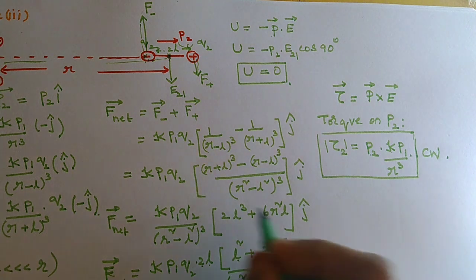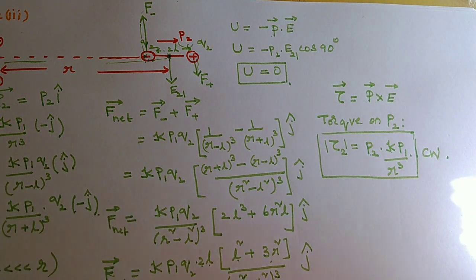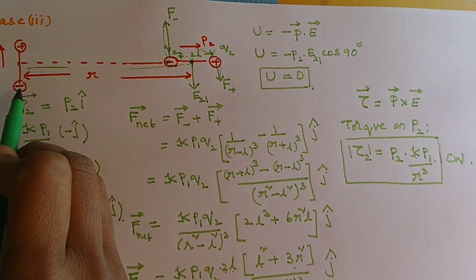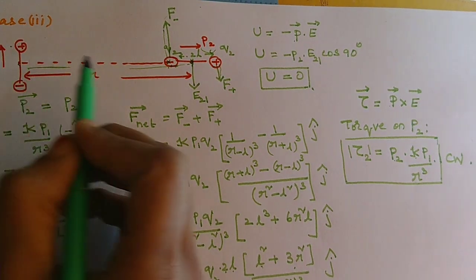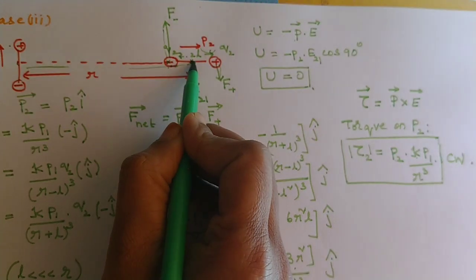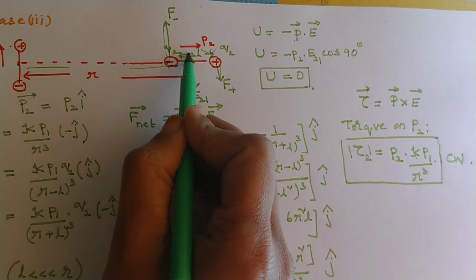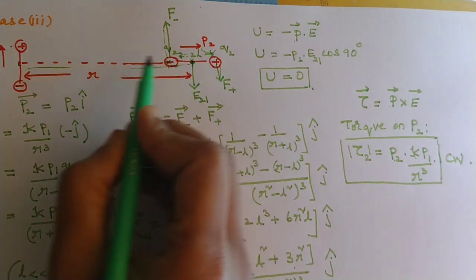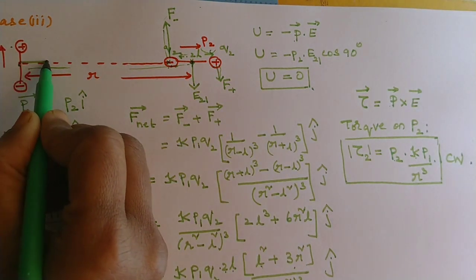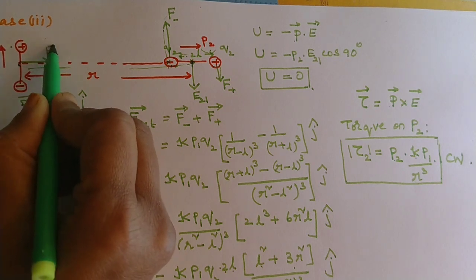Similarly, let us see what is the torque acting on P1. So if you again refer to the diagram, see P1 is having a dipole moment upward. Now I will take the field produced by P2 at the location of P1. Negative to positive, this is the direction of dipole moment. So electric field will also be in the same direction.